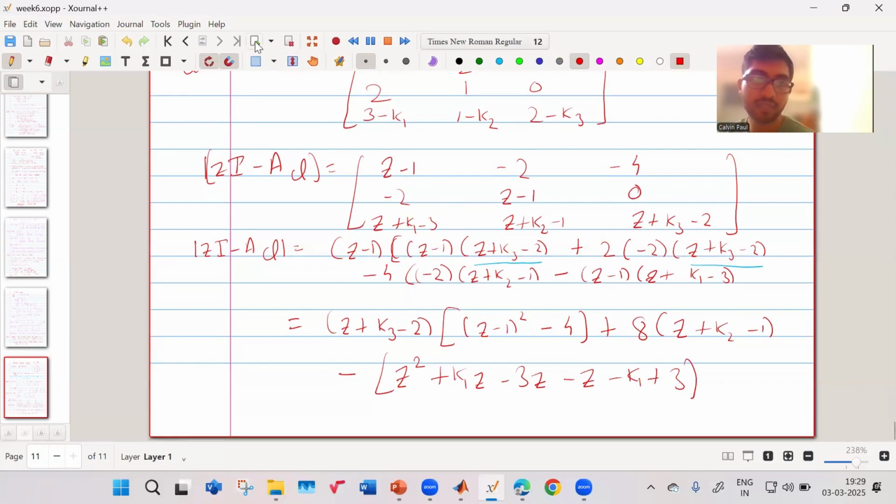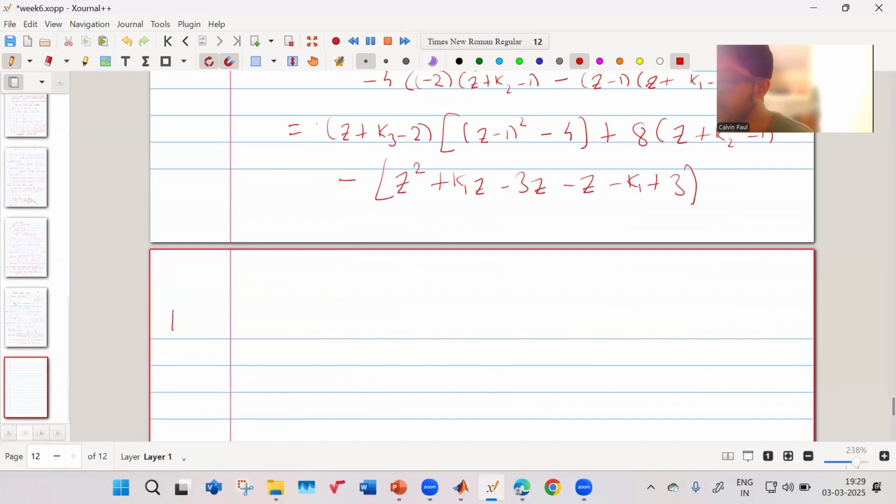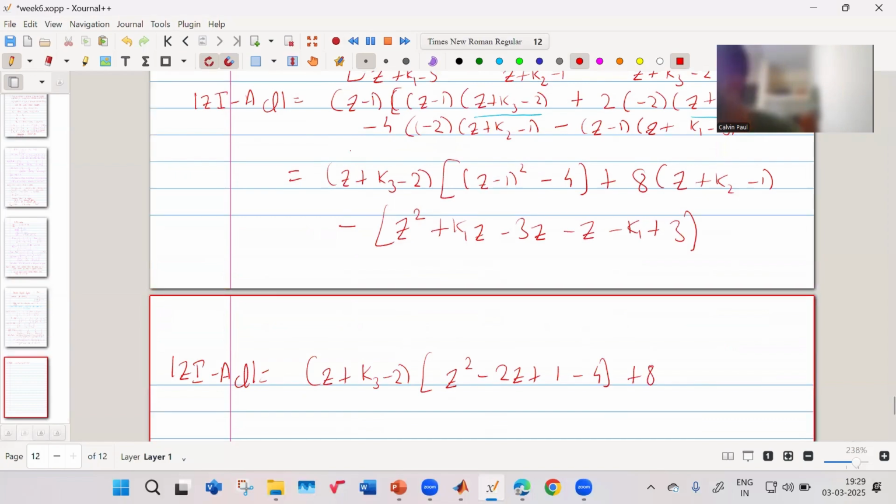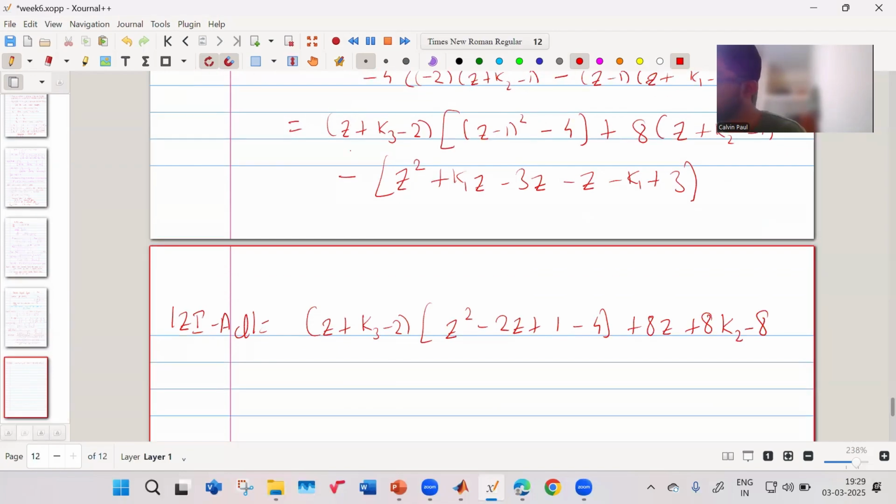Okay, so now let us expand this further. We get zI minus A closed loop equal to (z+K3-2)(z square minus 2z plus 1 minus 4) plus 8z plus 8K2 minus 8, minus of (z square plus z(K1-4) plus 3 minus K1).